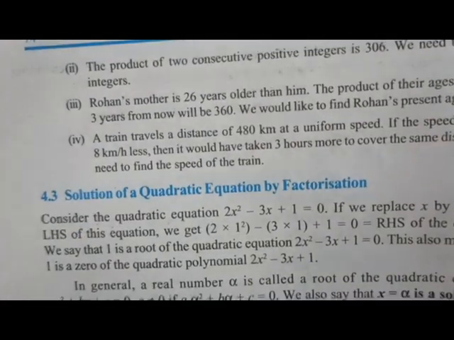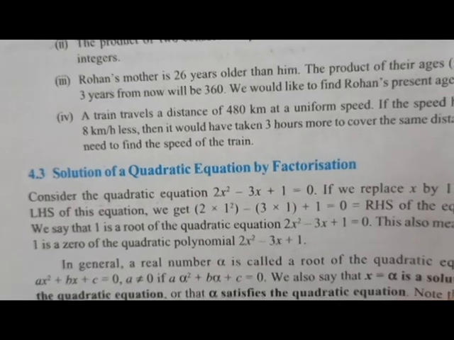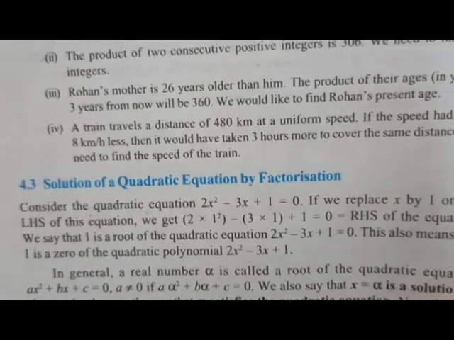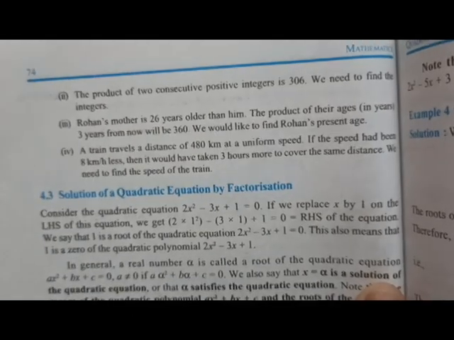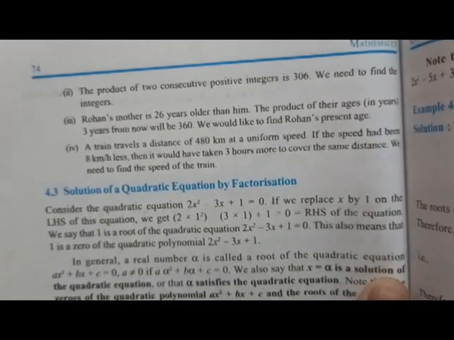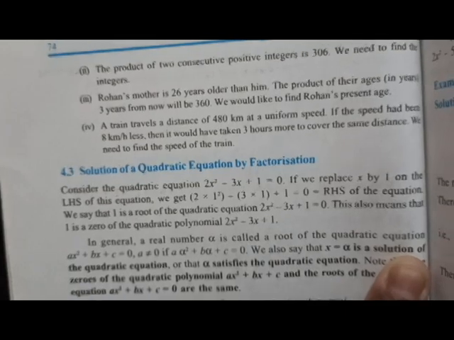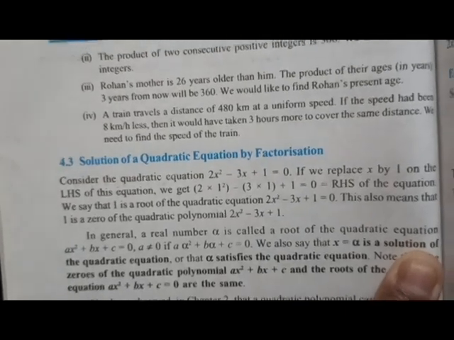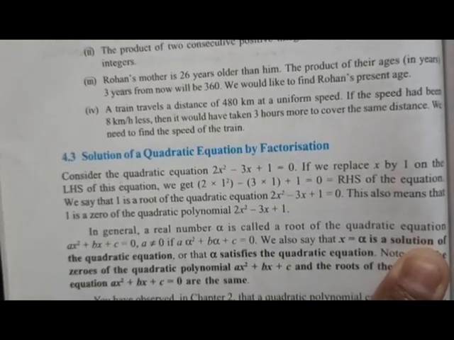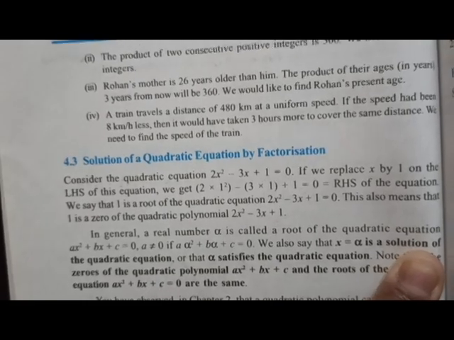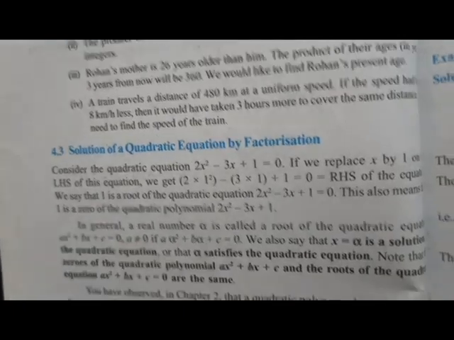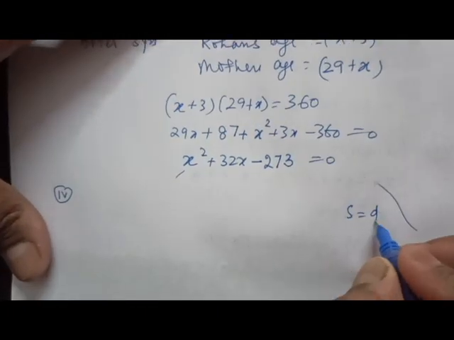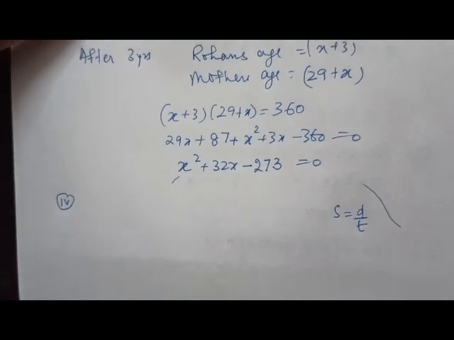The last part of this exercise: a train travels a distance of 480 km at a uniform speed. If the speed had been 8 km per hour less, it would have taken 3 hours more to cover the same distance. We need to find the speed of the train. See students, since they are talking about time, again as discussed earlier also, speed is equal to distance upon time. So this is the formula we need to use in these questions.